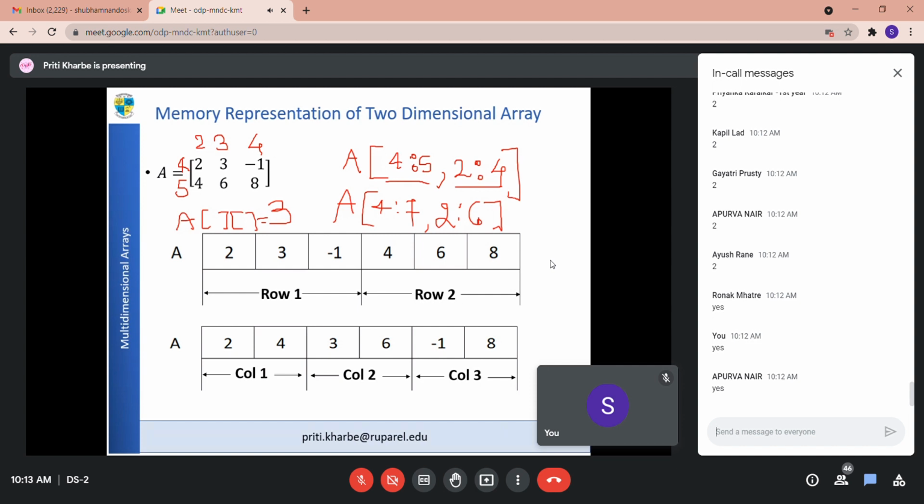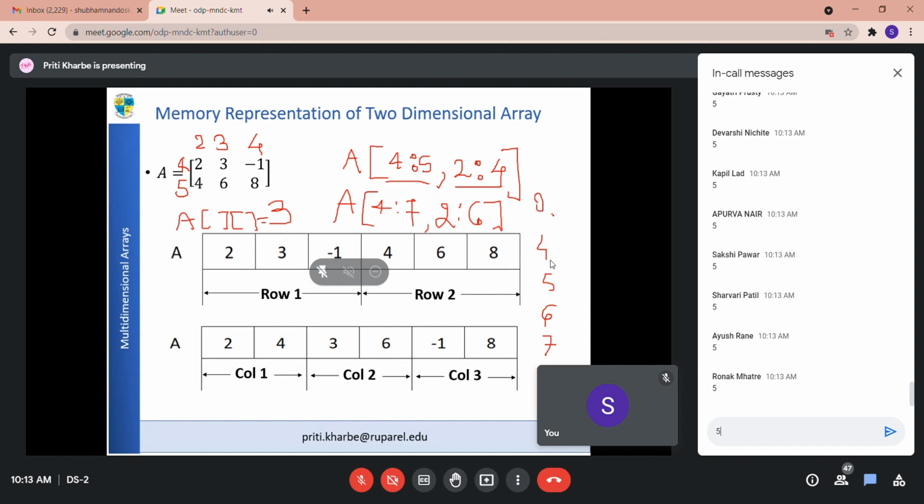How many rows will be there? 4 rows will be there. Right answer. How did you get it? You will have 4, 5, 6, 7. Okay. How many columns? 5 columns.